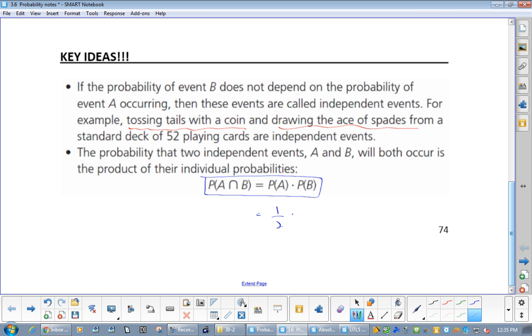What's the probability of getting the ace of spades? If it was drawing an ace, it'd be 4 out of 52, but here it's 1 out of 52. So that would be 1 over 104.